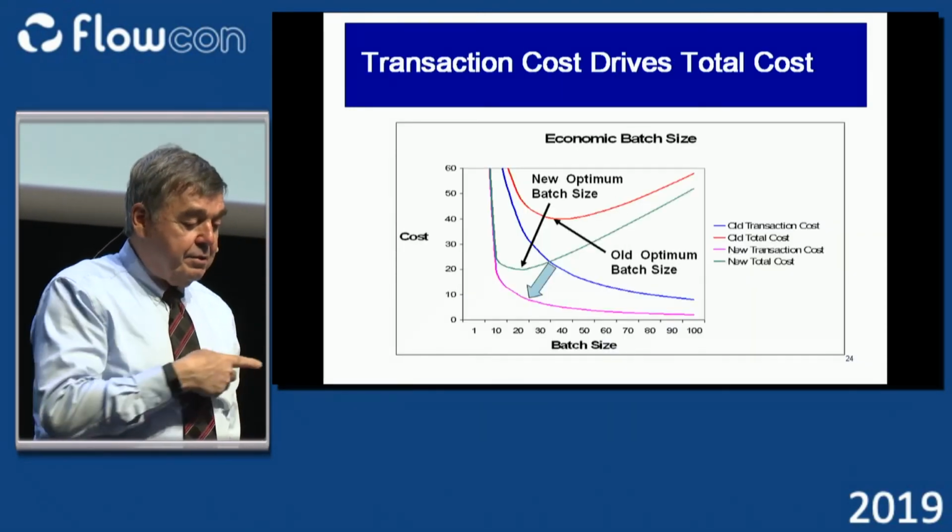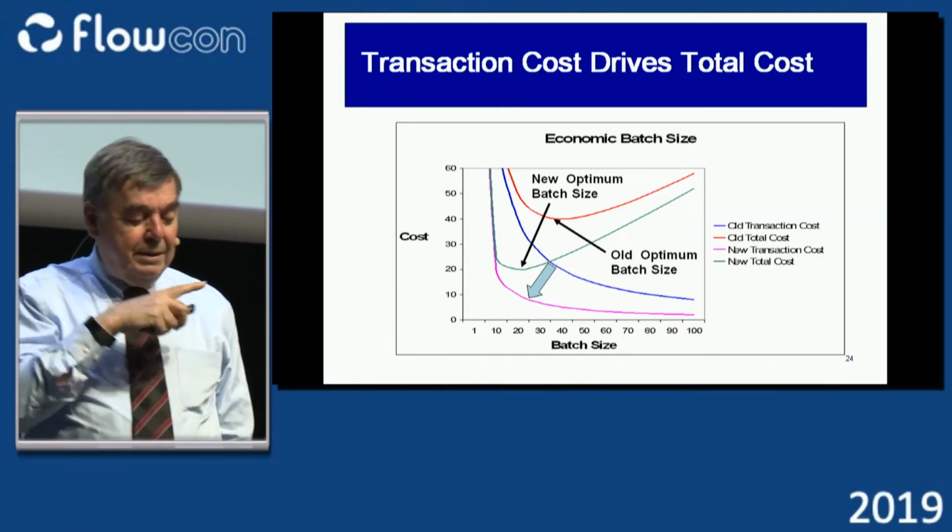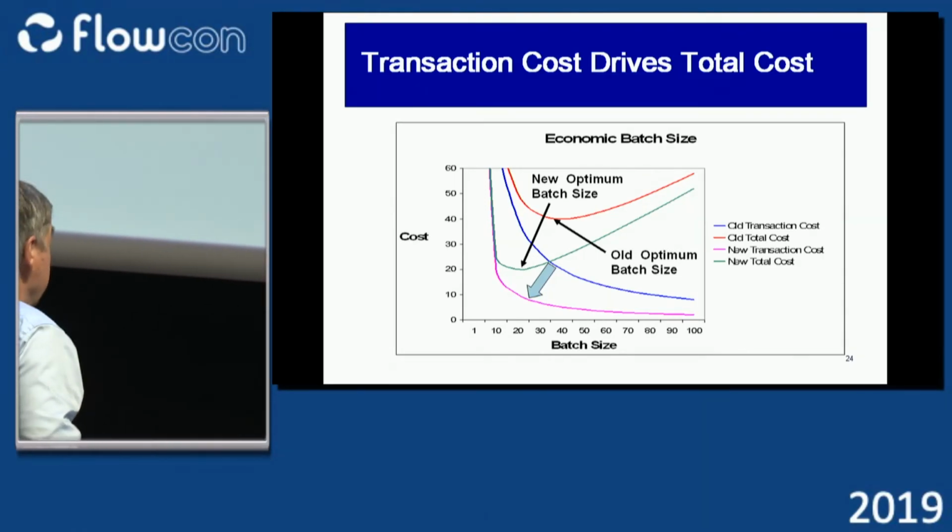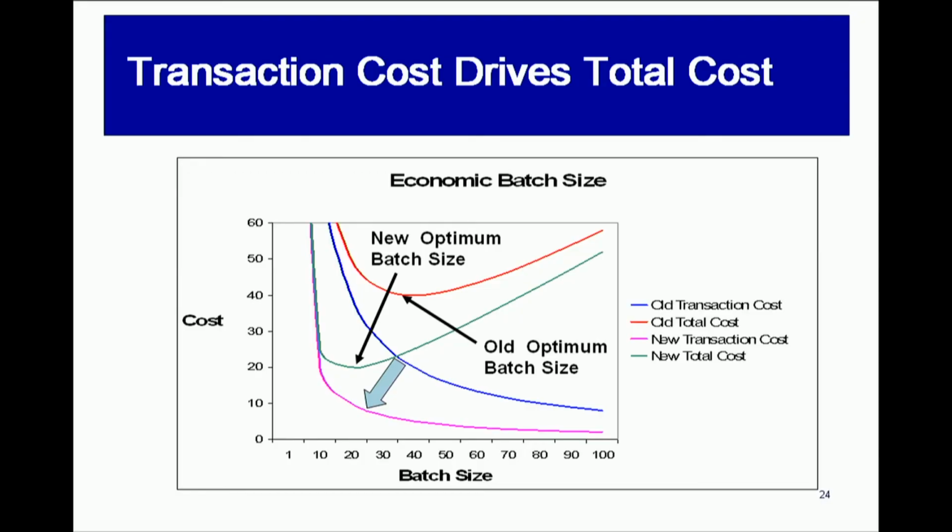And on this graph, it's a little busy graph, but I need all the lines. The blue line is my old transaction cost. The red line is my old total cost, and I had an old optimum batch size. I moved the transaction cost down to the magenta line.